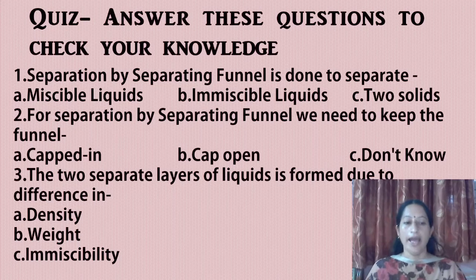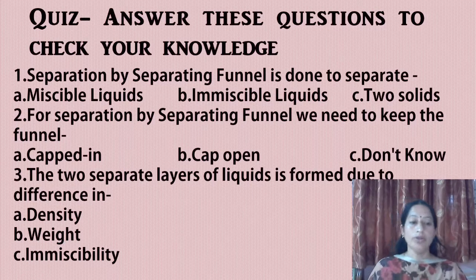Yes, actually in this case all three are correct, because the liquids are immiscible, that's why they are forming separate layers. And their densities are also different, their weights will be different because their mass per unit volume is different. So naturally all three will be correct here.